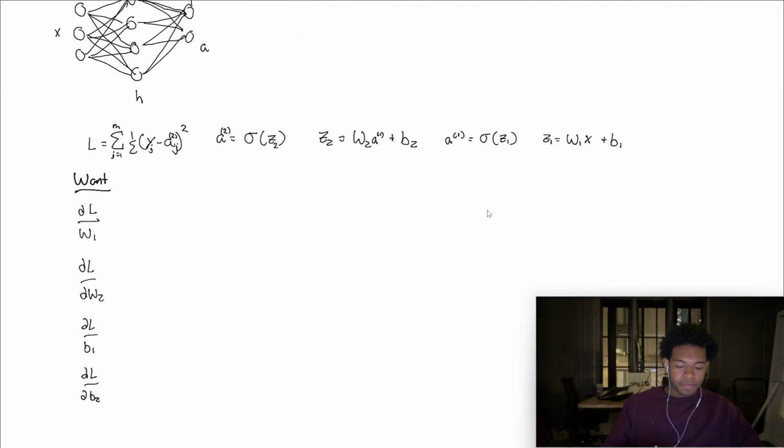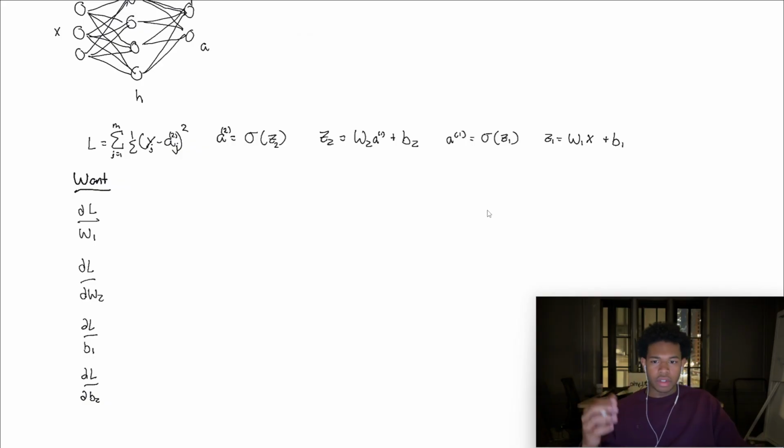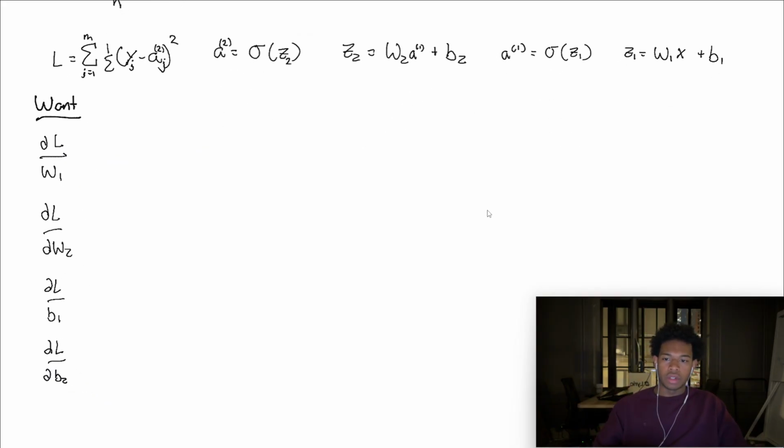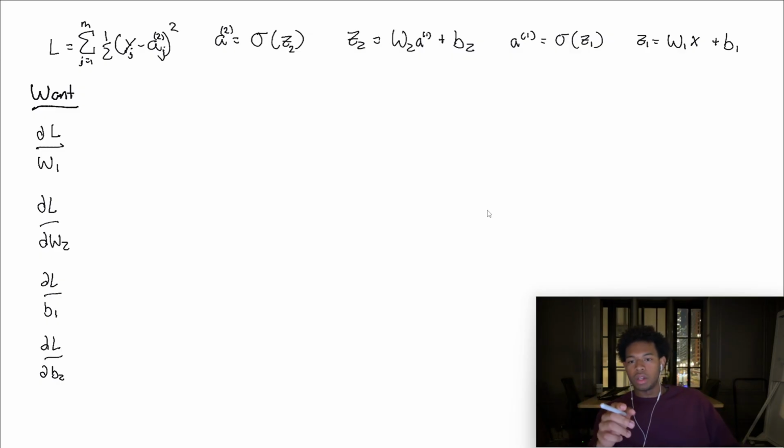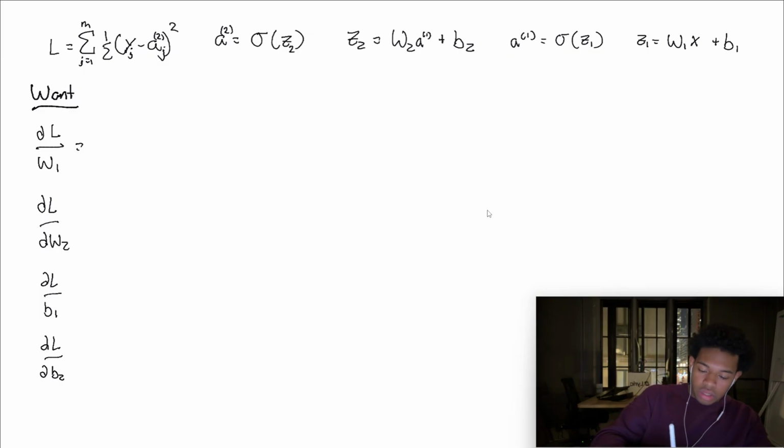So let's just, off the top of my head, do the first one. L with respect to W1 is going to be equal. Let's not even do it in my head.